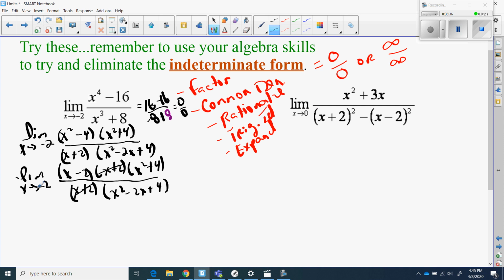So now, notice here, I'm going to put -2 in for the x's. So I don't need to write lim anymore. I'm just going to put equals -2 minus 2. So that bracket's minus 4. -2 squared, that's 4, plus 4. Denominator, I've got -2 squared, that's 4. -2 times -2, that's plus 4.